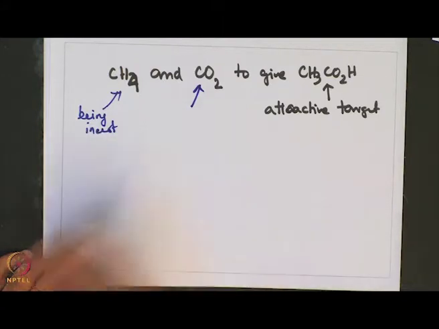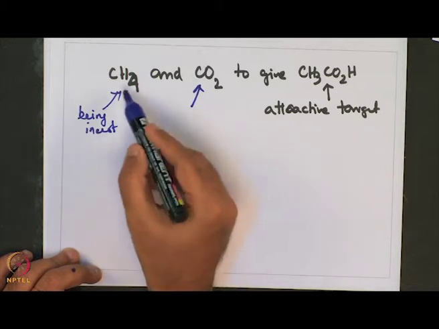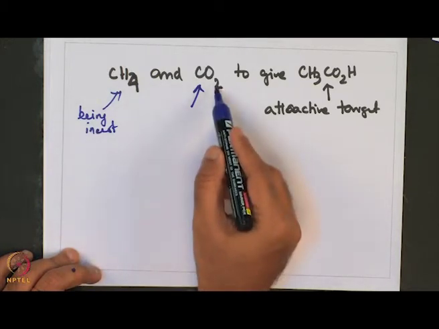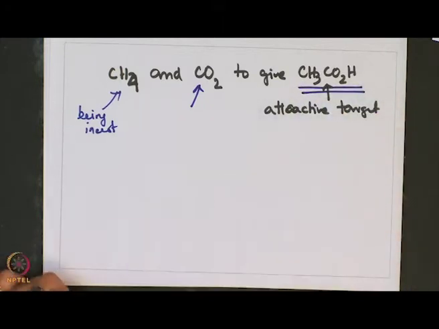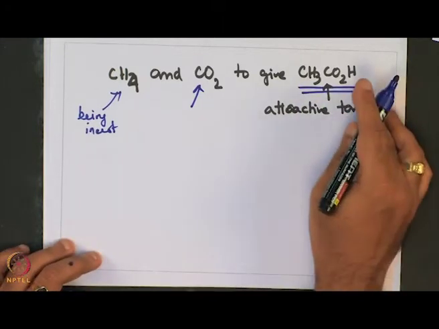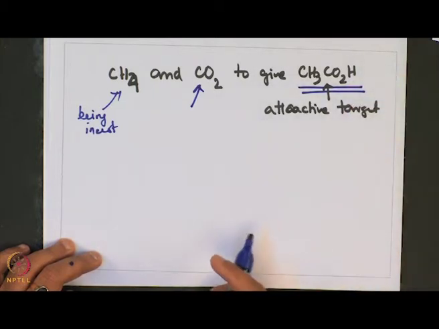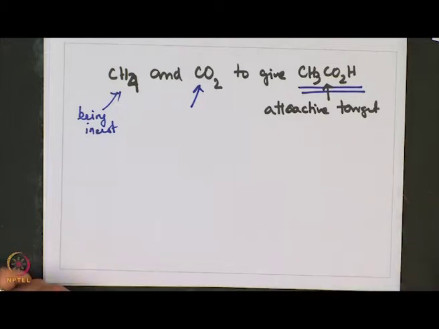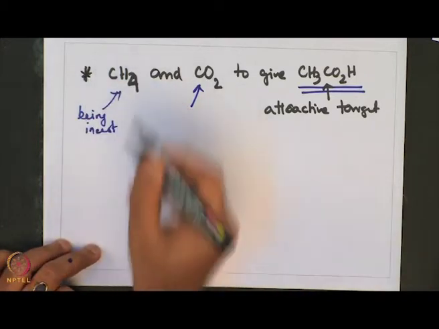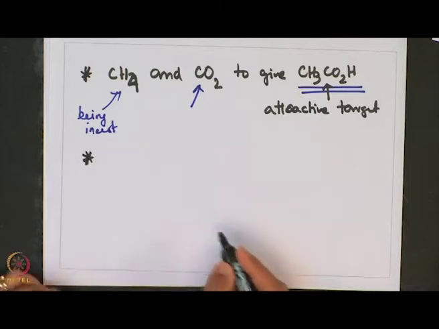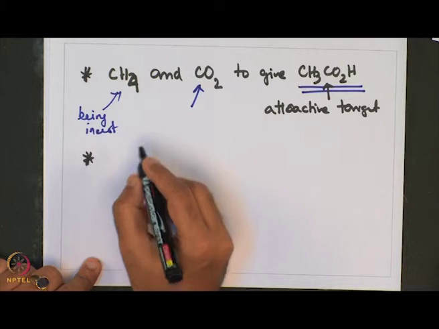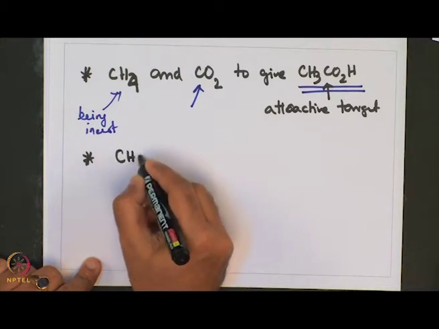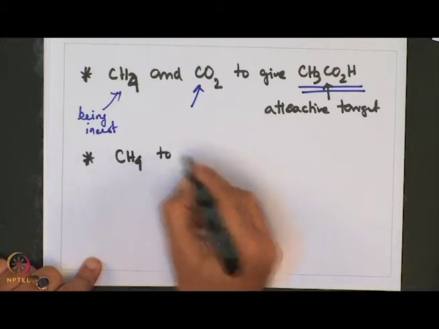So, this can give rise to utilization of CH4 and CO2 to produce something useful in the form of acetic acid, and that can be used for making many other value added chemicals. Similarly, one can obtain another important compound, for example, methanol from CH4.